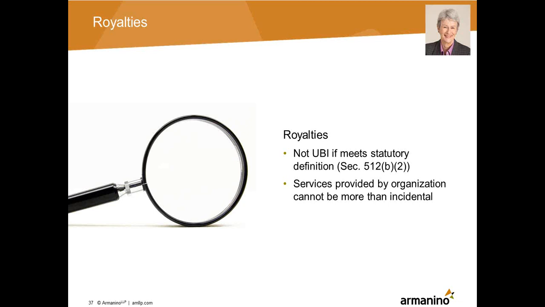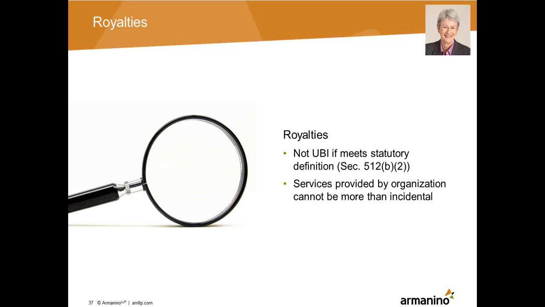Great example, T-shirts. Let's say you have a charity that has a great reputation, and someone comes to you and says, look, I want to produce T-shirts, and I want to use your name somehow on that T-shirt. So if they are going to pay you, and they say to you, you don't have to do anything, I just want to use your name. Great, that's a royalty.